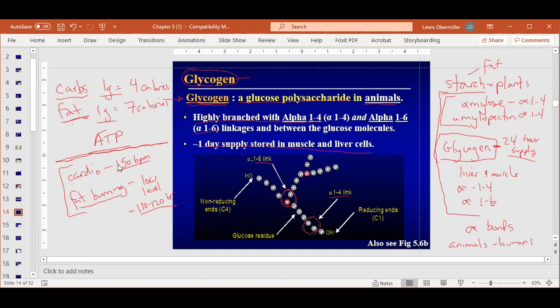And the reason is because what's your instant energy source? If you're running really fast on a treadmill, your body thinks that you're running away from that bear. So what are you going to use as an immediate energy source? The glycogen? Right. So you're going to burn glycogen if you run 150 beats per minute or higher on the treadmill.